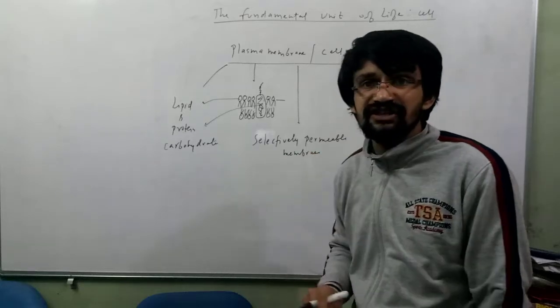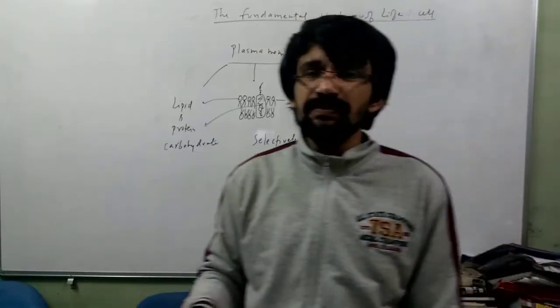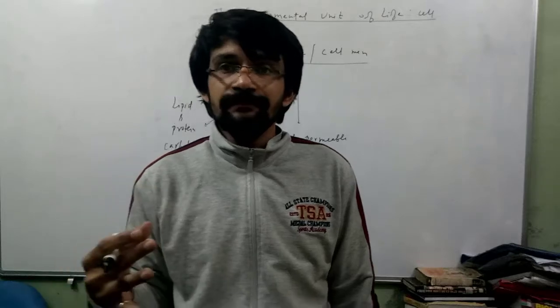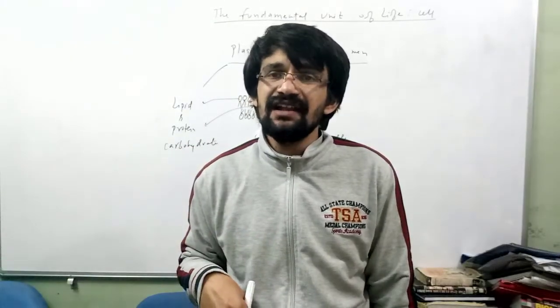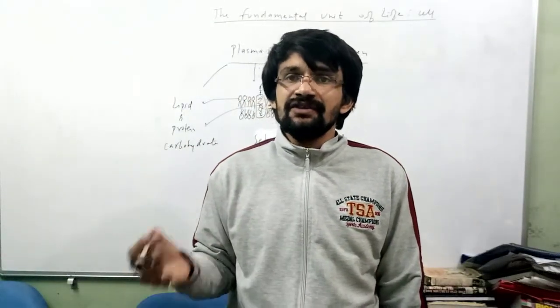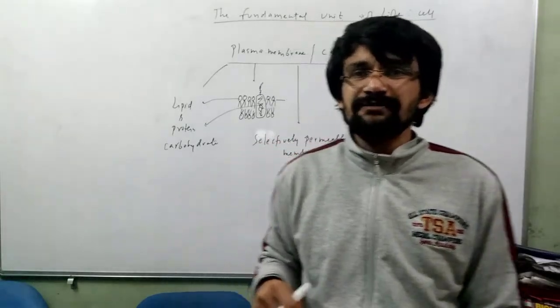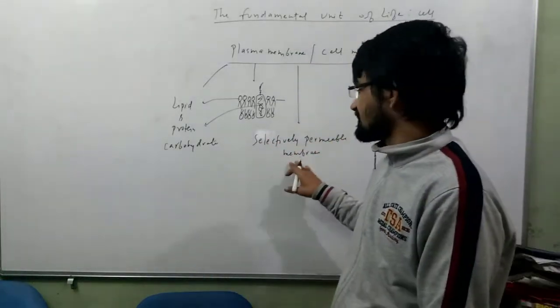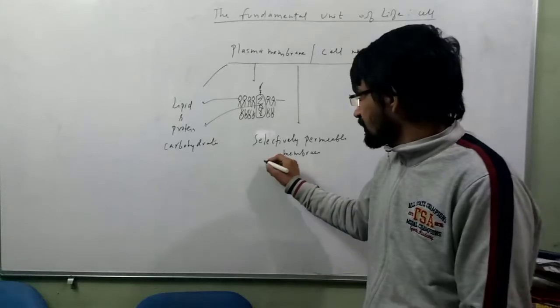I hope that is pretty much clear. So it is doing the selection process to determine whether this substance is necessary for the cell or not. This is being determined by the plasma membrane. So that's why it is called the selectively permeable membrane.